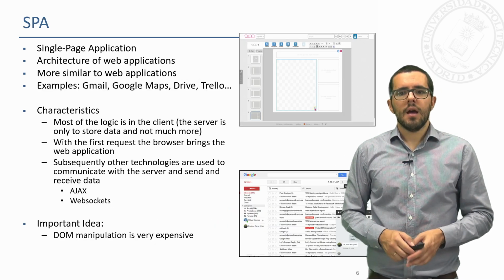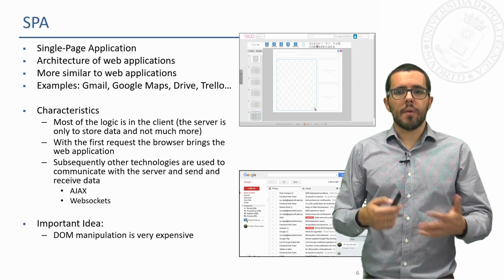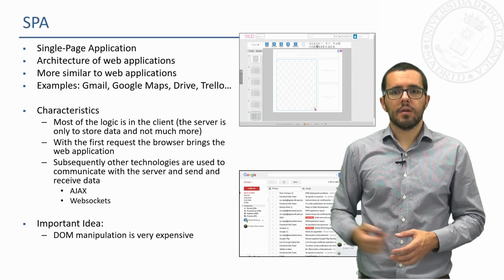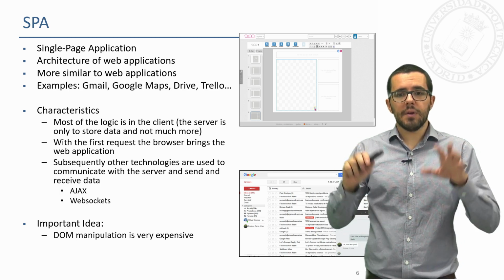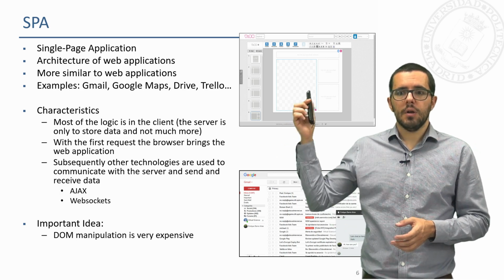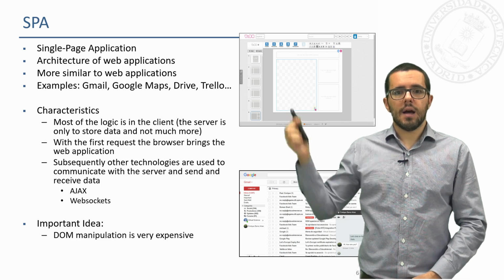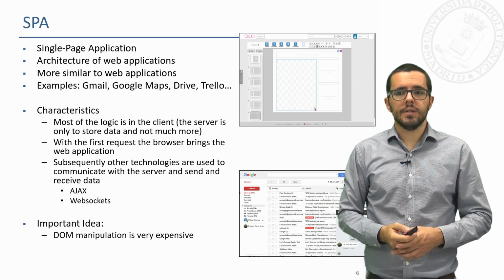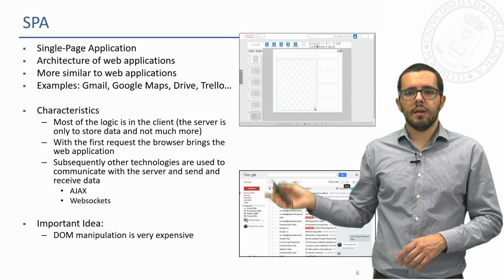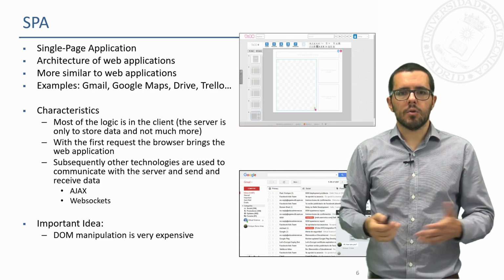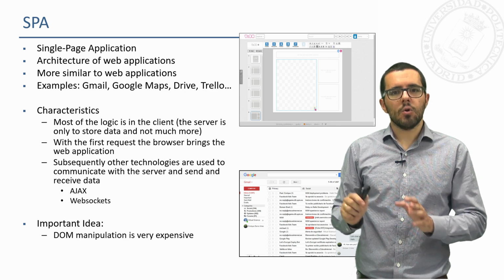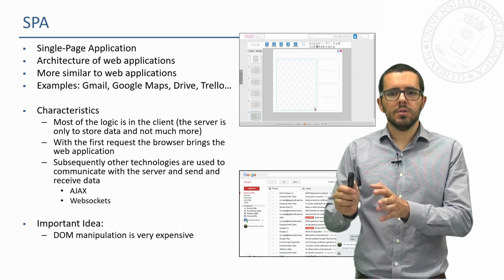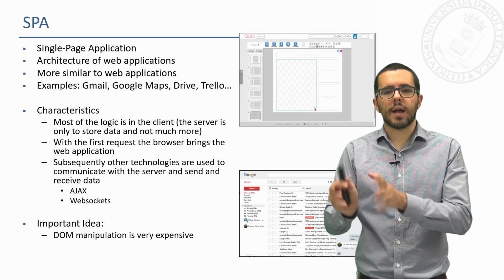Okay? And finally, we've got web applications with this single page applications architecture, where we have everything in the single page. For example, this slide creator or editor, or Gmail, or Google Maps, or many other examples that you can find today. Almost all the logic is in the client.